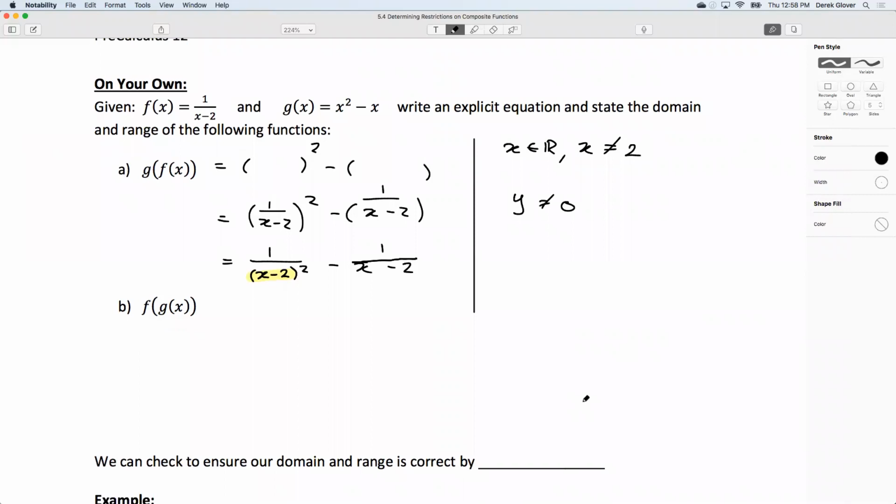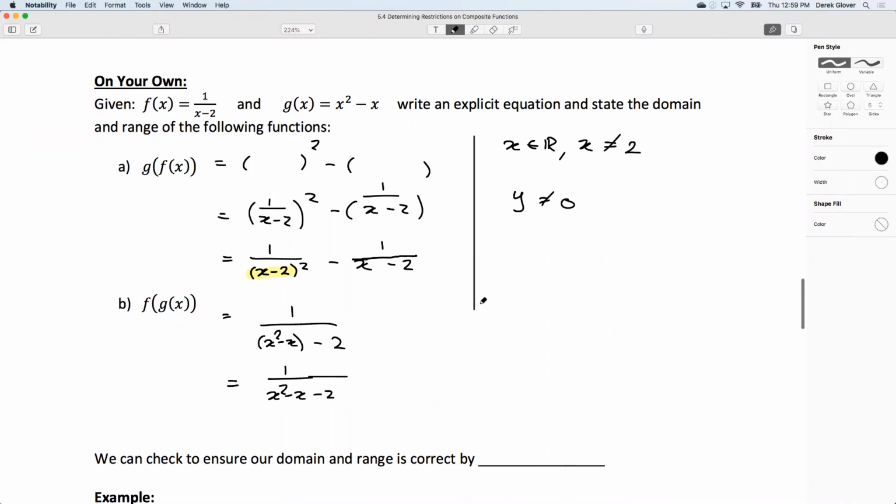All right, f of g of x. It starts with 1 over x minus 2. So it'll be 1 over bracket minus 2. And in the brackets, we'll write x squared minus x. So this will simplify to 1 over x squared minus x minus 2. Now, our domain might not be easy to figure out because we'd have to factor this somehow.